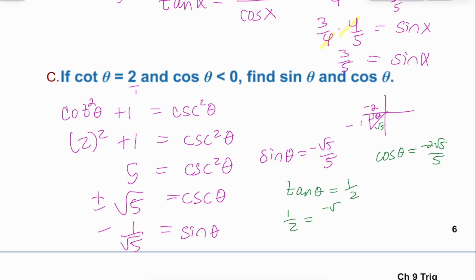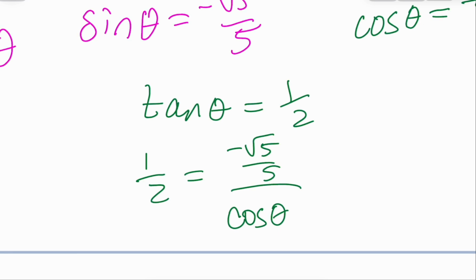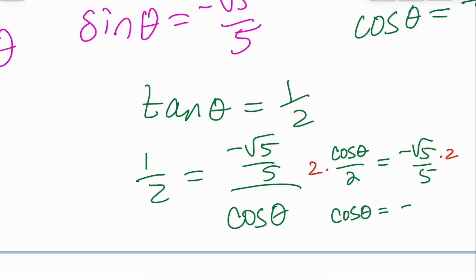So if we get sine over cosine, well, let's put the actual sine there. If we cross multiply, we get the cosine over 2 is negative radical 5 over 5. And all we have to do to get rid of that 2 is multiply both sides by 2. And we get that the cosine is negative 2 radical 5 over 5.